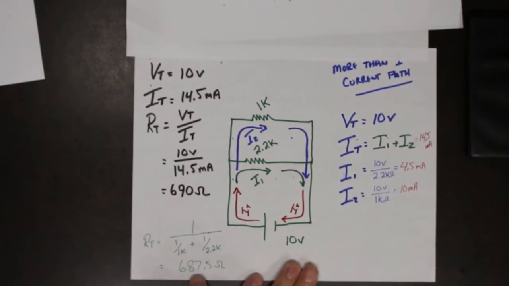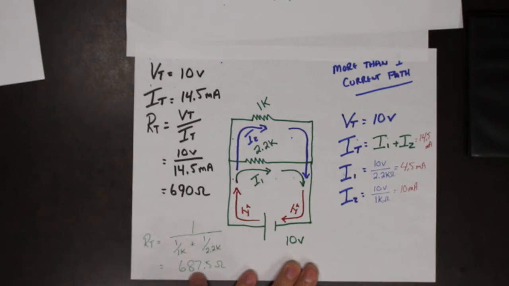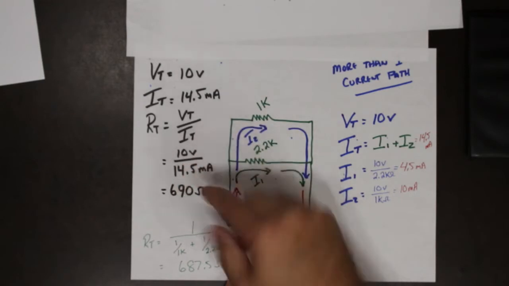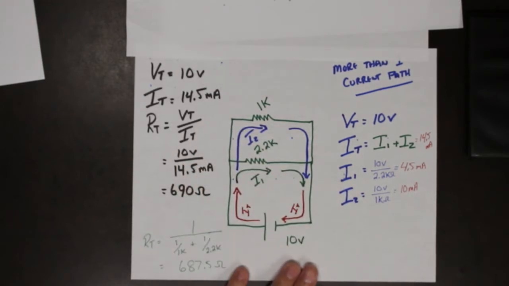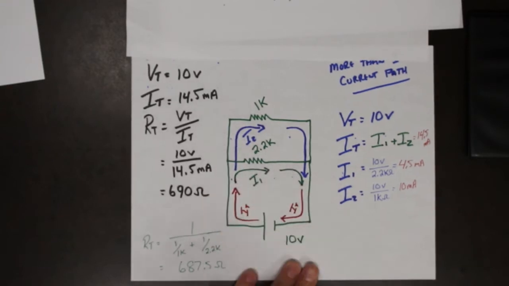So calculating directly, our total is 687.5. Using Ohm's law, we came up with 690 ohms. So that is close enough.